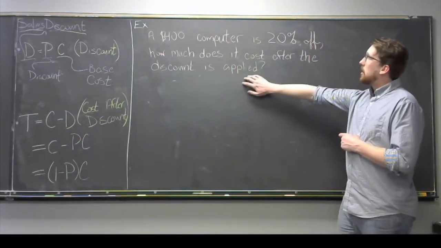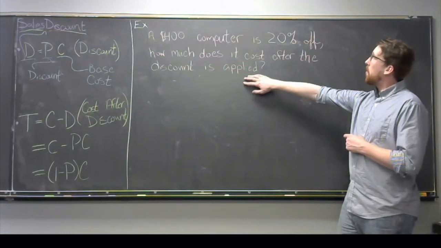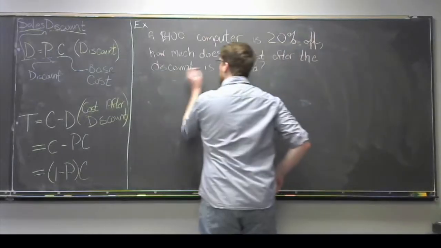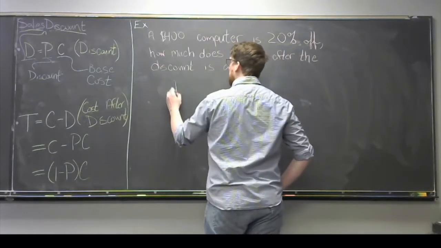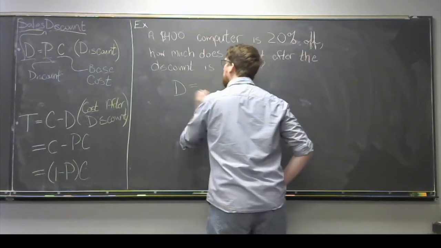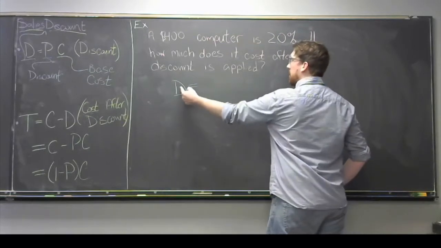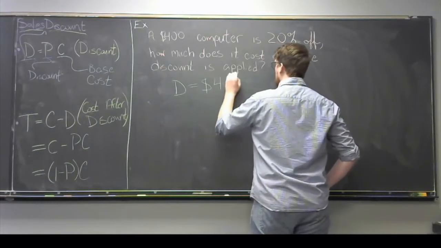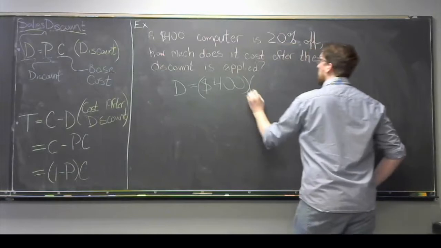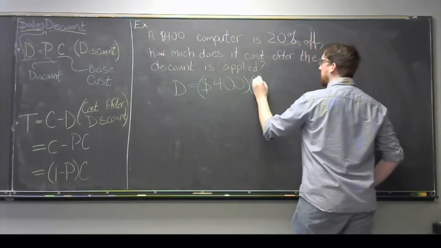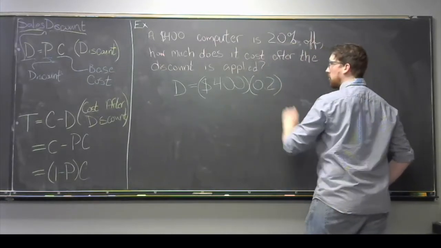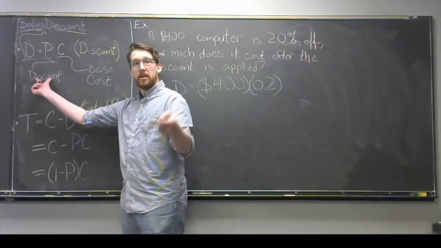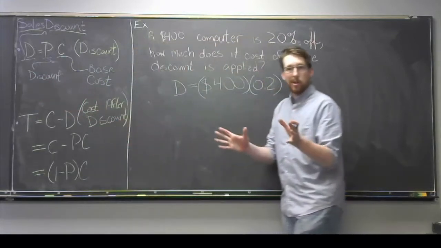Having said that, let's say we've got this computer for $400 and it's being discounted by 20%. To find out how much it's going to cost before sales tax, we would say that the discount is equal to $400 times 20% as a decimal, which is 0.2. That's something we always have to do, right? We always have to revert the percentage back to a decimal if we're going to multiply or do anything with it.